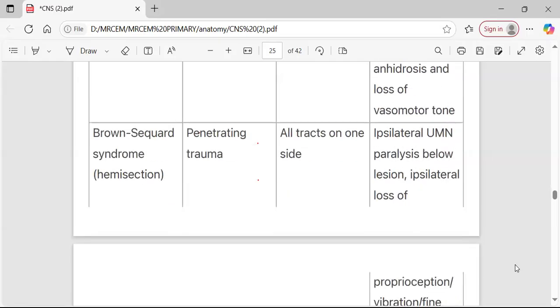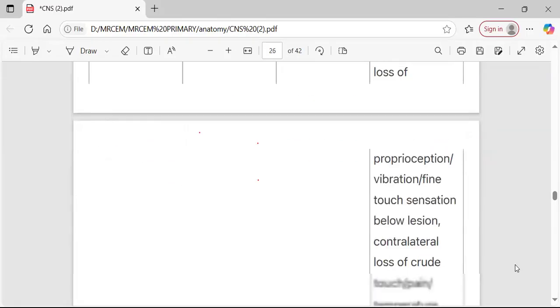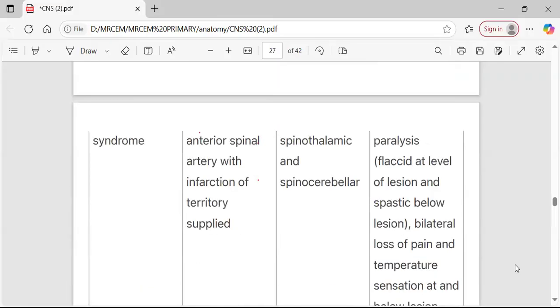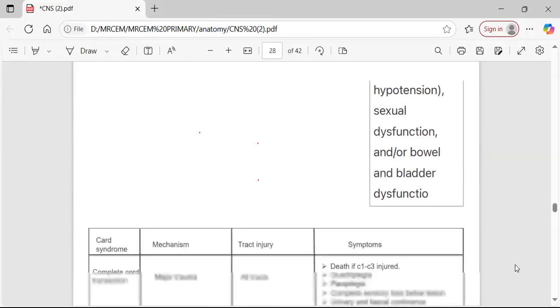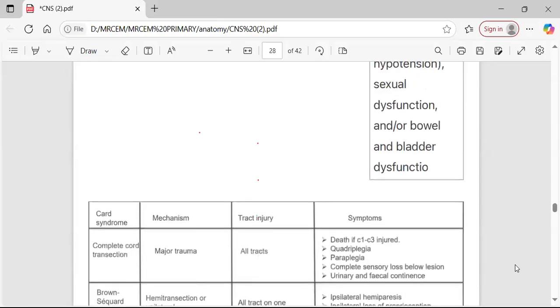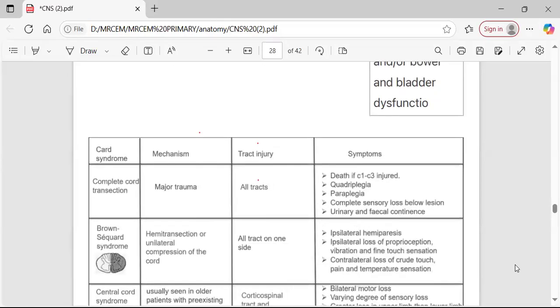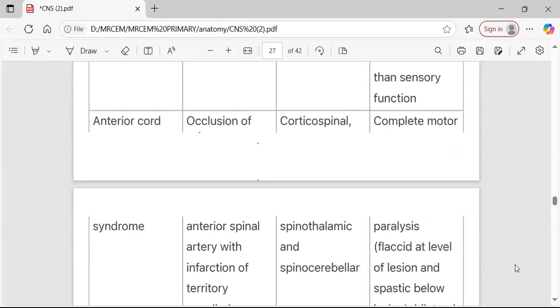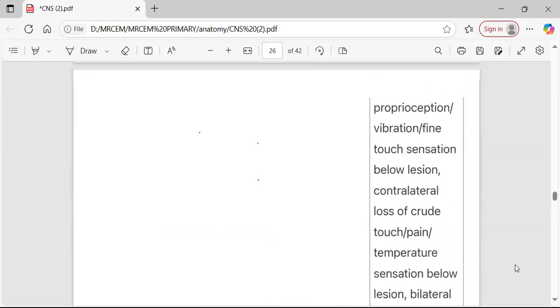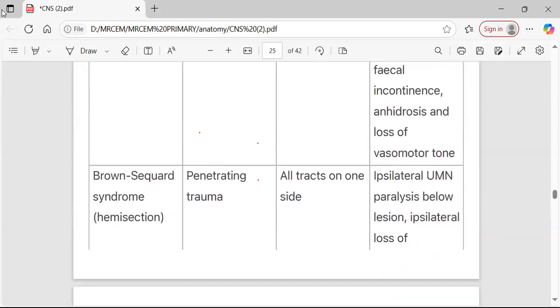Most of the time they will give Brown-Séquard syndrome, central cord syndrome, anterior cord syndrome. These are the common questions that have been asked previously many times. In Brown-Séquard syndrome, there will be a penetrating trauma that will injure all tracts on one side.